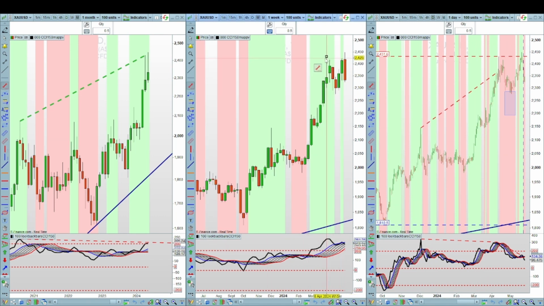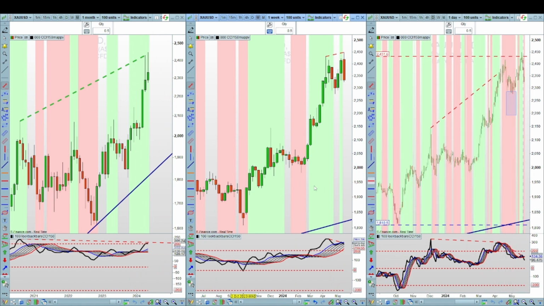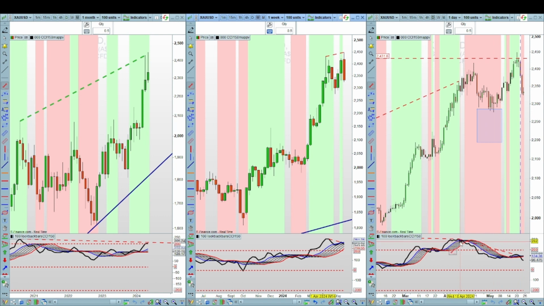So if I just draw that, higher highs on the price versus lower highs on the CCI 150 on the weekly. There's no divergence on the monthly. And looking at the daily, and these are all independent in terms of divergence, we've got a lower high on the CCI 150 on the daily versus higher highs there. And more recently, we've got lower highs again there versus the price chart.